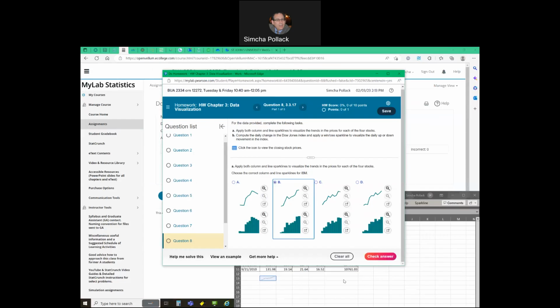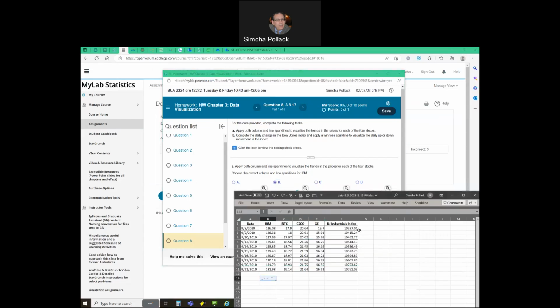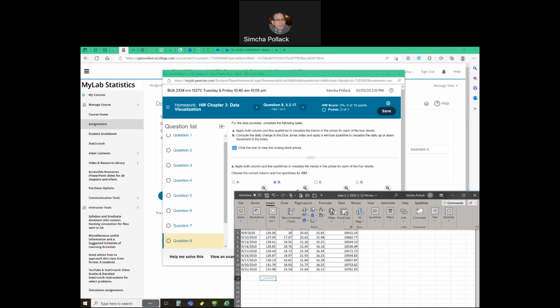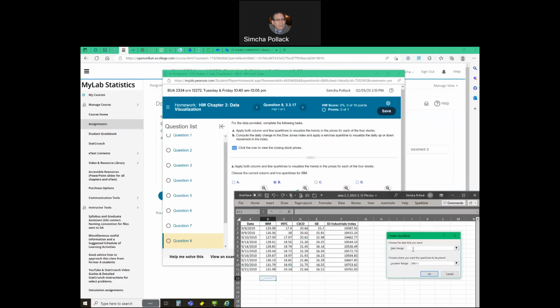We could do the column, of course. Let's go back to change it. Back to insert, sparklines, column this time. The data location will be the next column over.